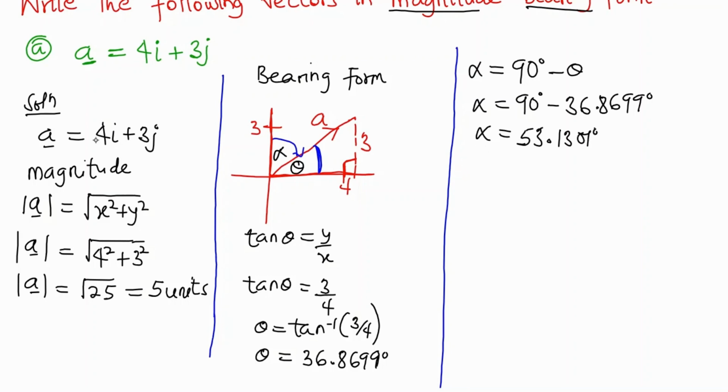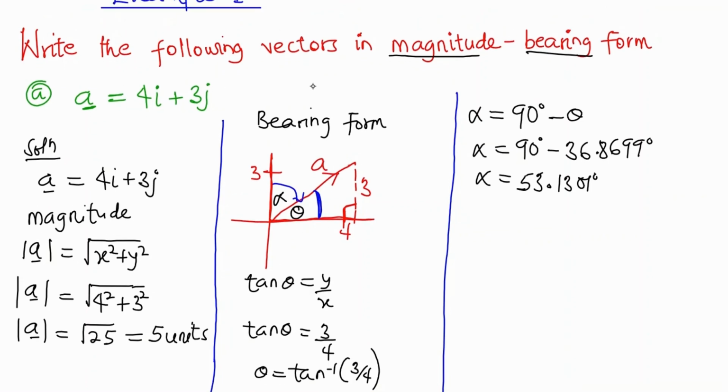Now the question said we should write the following vectors in magnitude bearing form. We know the magnitude to be 5 units, and the bearing to be 53.1301 degrees.